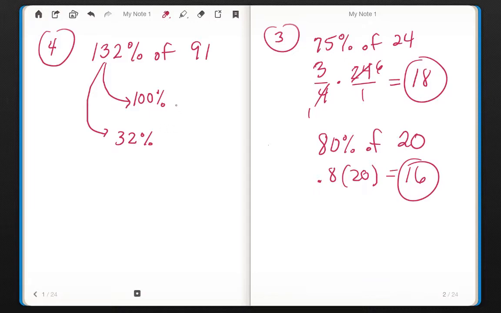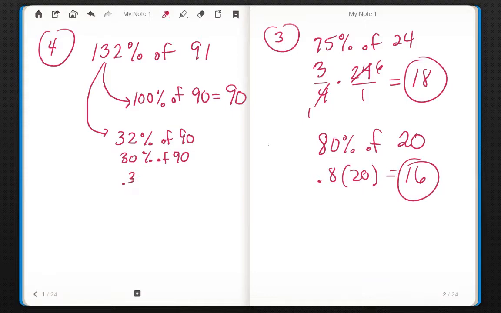Okay, so what's 100% of, what are we going to round 91 to? 90. What's 100% of 90? 90. And then instead of 32% of 90, what would I estimate that to be? 30% of 90.